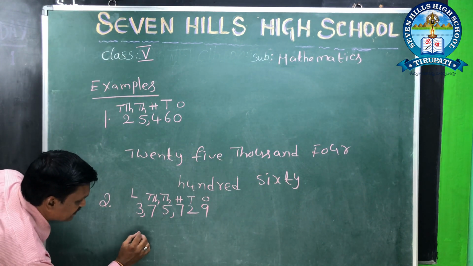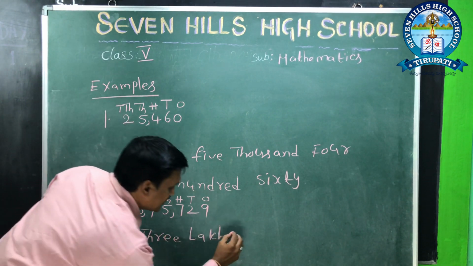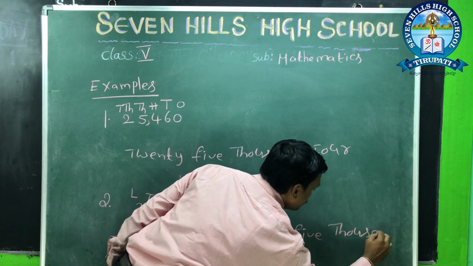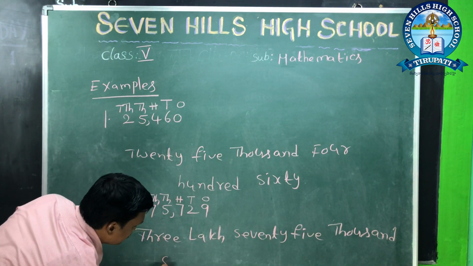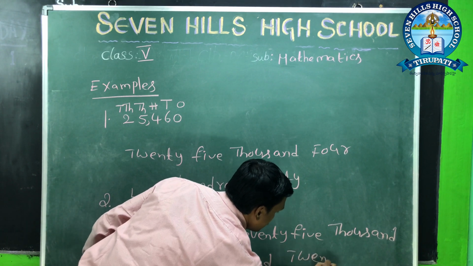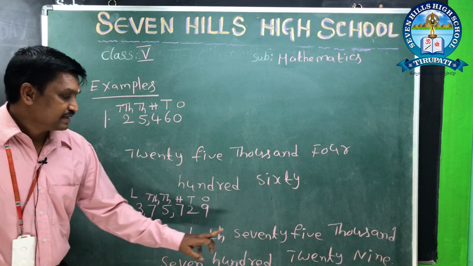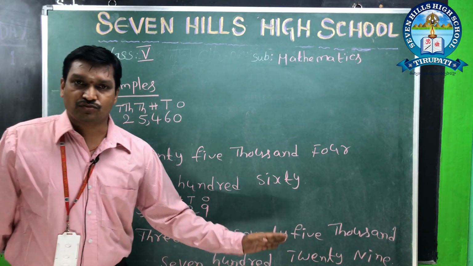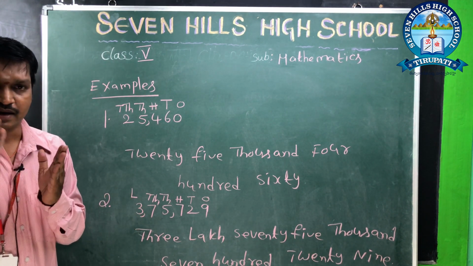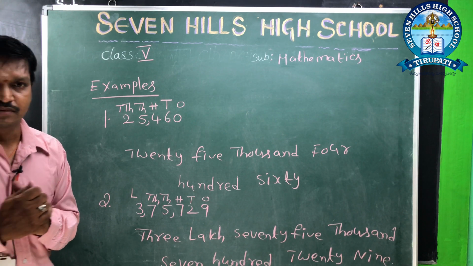Now I will write it here in words: 3,75,000 and 729. So for any large number, we can divide it by using the Indian place value chart, separating with commas. Okay, students?